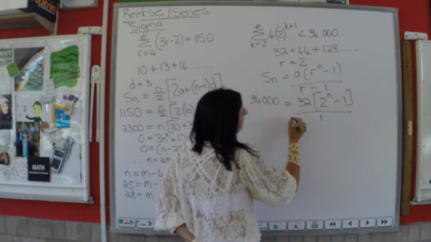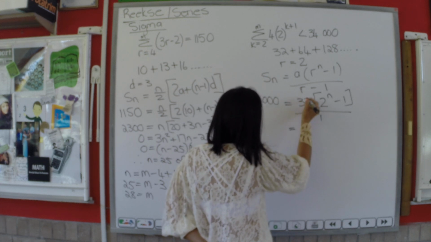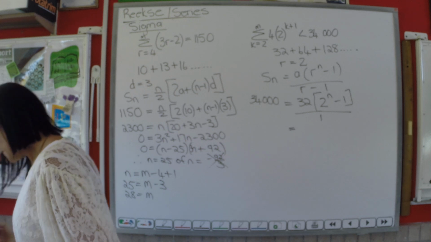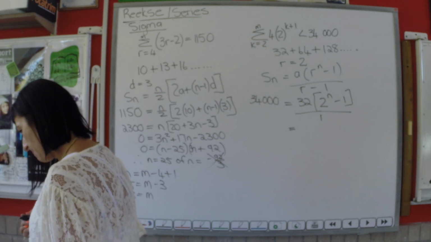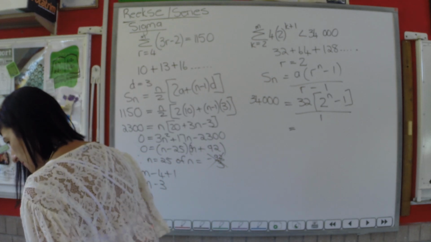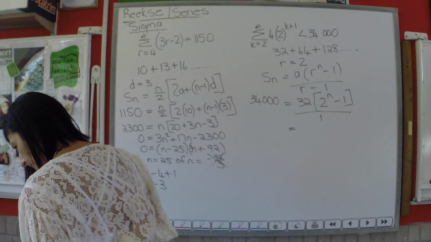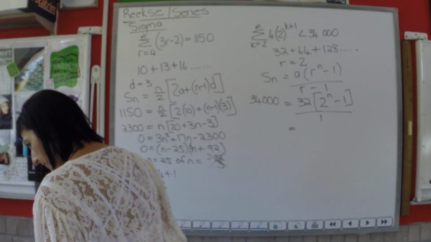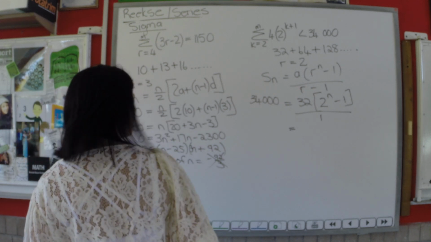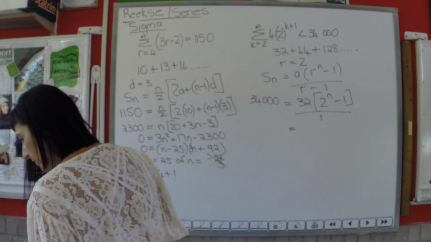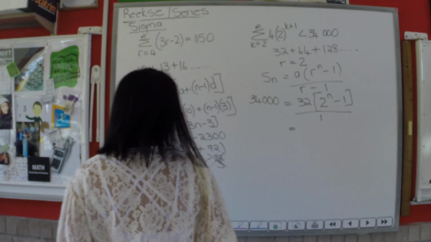So nou kan ek doodgewoon die 32 oorvat en moet deel, 34,000 gedeel deur 32. 2 tot die mag n. 34,000 equals 32 times (2 to the power of n minus 1), 2 minus 1 equals 1.